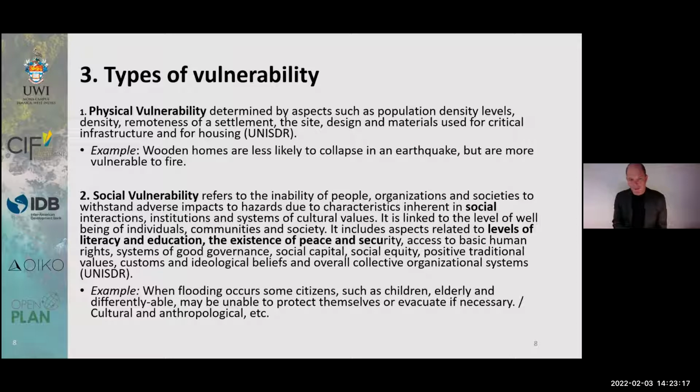There is even a concept from the circular economy that comes in handy: wooden homes are obviously less likely to be affected by earthquakes, but they are more vulnerable to fire. So depending on the threat, vulnerability also changes.